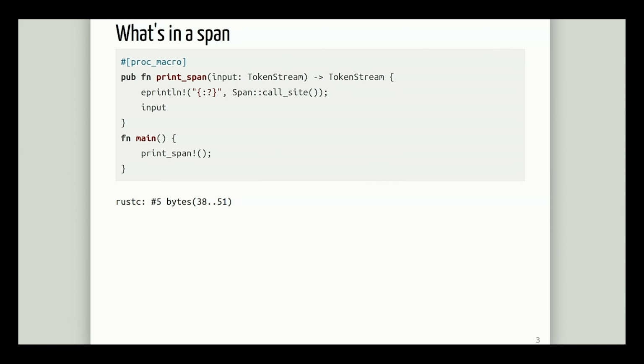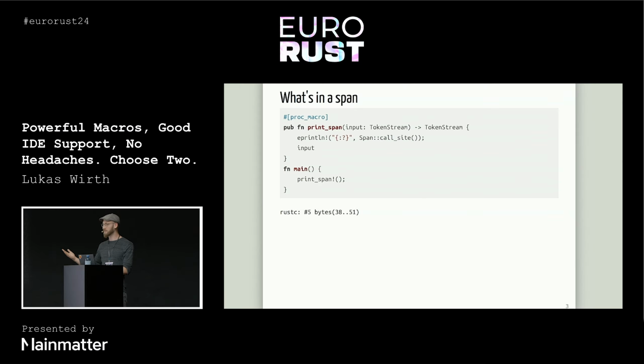We have this #5 and then some byte range. But this is effectively what I was talking about earlier. We have the #5, which is the so-called syntax context, which models the name resolution changes. And so this is the hygiene part of it. And then we have the byte range, which is just the source range of the file that the span describes.